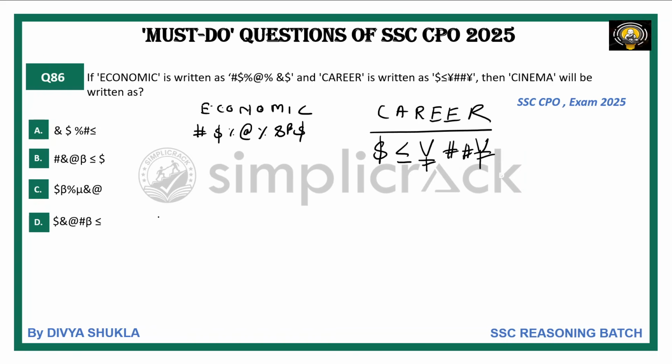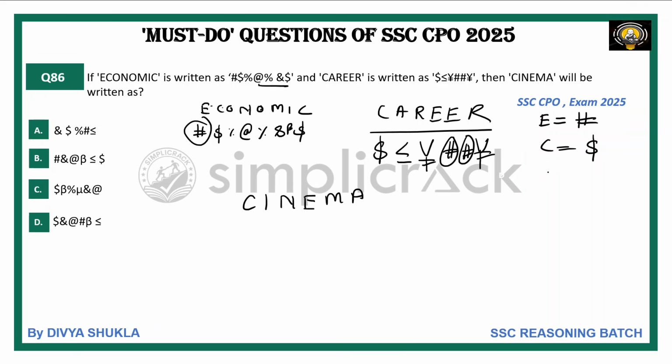Now we have to find the code for cinema. I think there is just a missing symbol here. Okay, no problem. So cinema, you can see what is the code for E. In all of these, you can notice that E is hash. Then C is dollar.